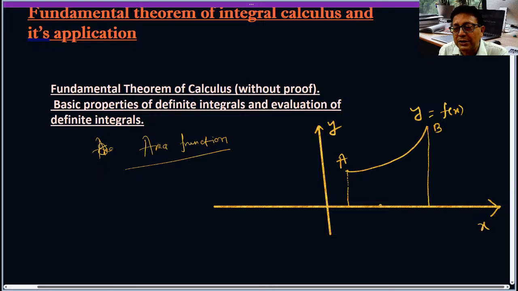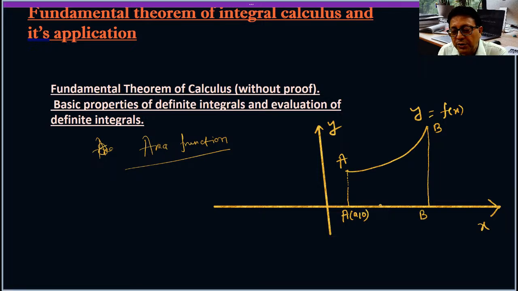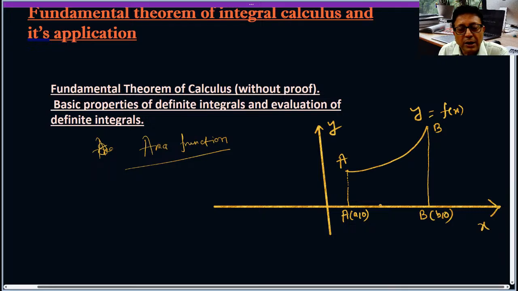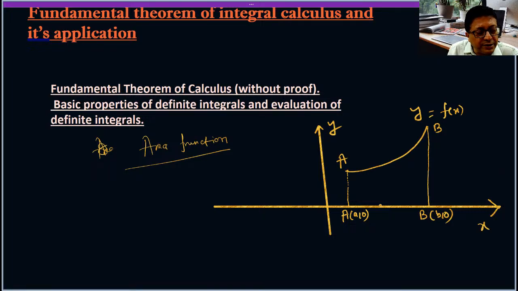These are 2 points. This is A, 0 and this one B, 0.